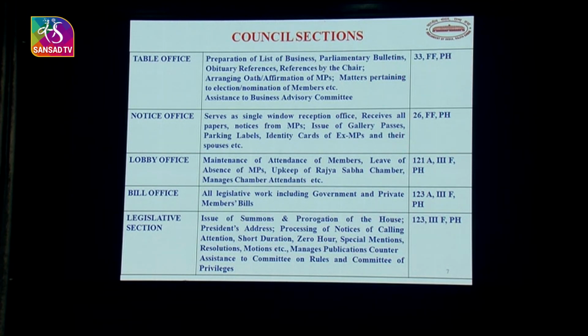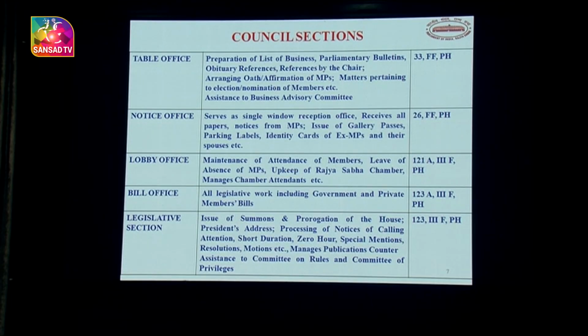It also issues the gallery passes, which of course at present we are not issuing, because we are following the COVID protocol, and due to spacing requirements we have to make the galleries also a part of the house, and consequently we are not able to issue the passes for the visitors.